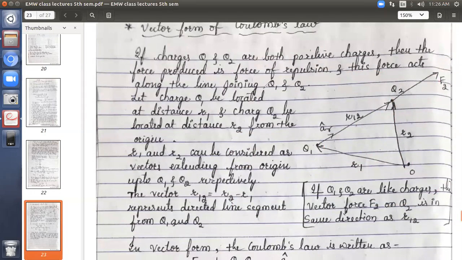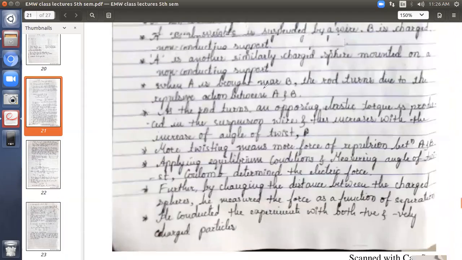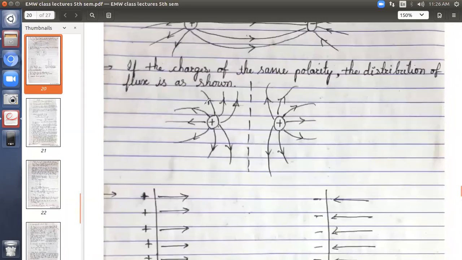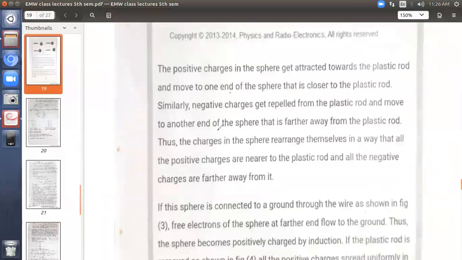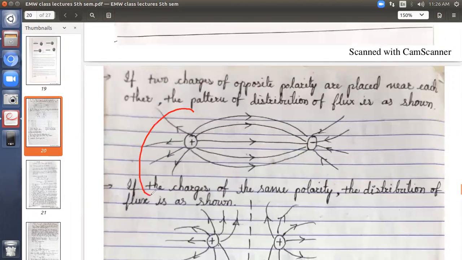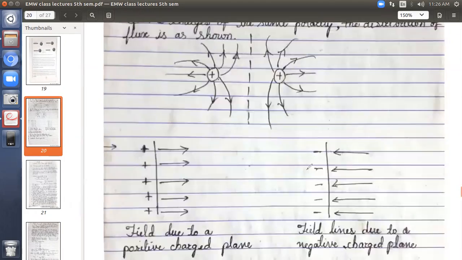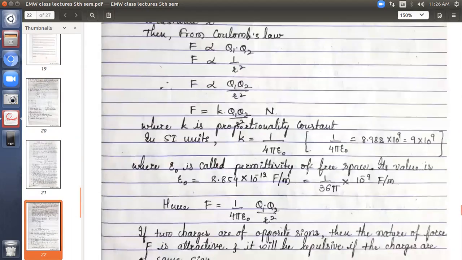One more thing you can observe: we have already seen some signs and conventions used. Here I will tell you. If there is a positive charge, the lines of force act outward. They diverge. This we can observe here in the considered Coulomb's law.